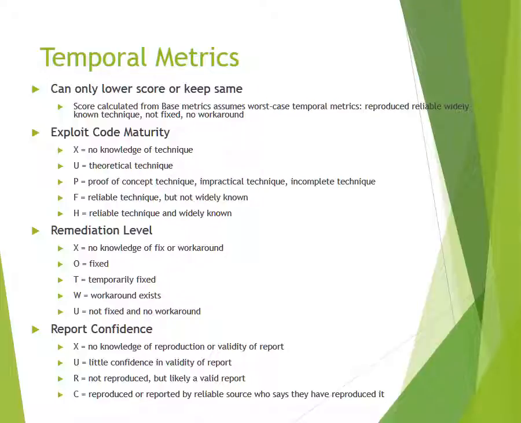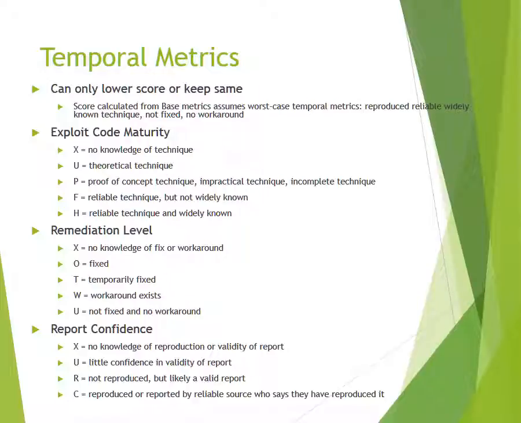If it's a reliable technique but not widely known, then it doesn't get the H score under exploit code maturity. It gets the F score. If it's just a proof of concept, if it's impractical or incomplete, then it gets the P score.